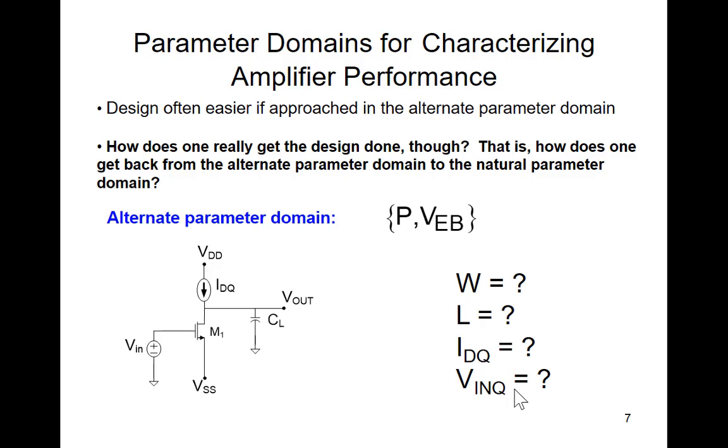So after we've determined P and VEB, I haven't even given a thought to area. I haven't even given any thought to W and L. I haven't given any thought to IDQ. I've only been concerned about the power and the excess bias. But I've got to go back eventually and get W and L, IDQ, and VNQ because I need those to complete the design.